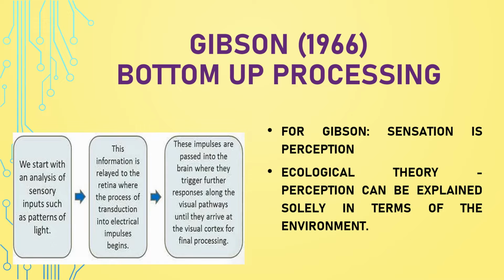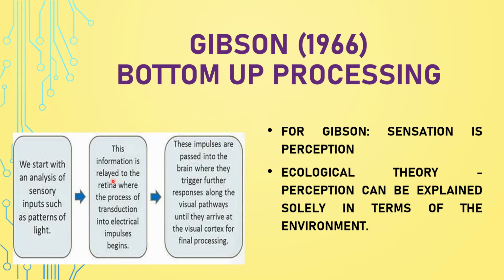Bottom-up processing is formulated by GIBSON. He said that perception is a bottom-up process, which means that the sensory information is analyzed in one direction. That is, from simple analysis of the raw sensory data to the complexity of analysis through the visual system. For example, we start with an analysis of sensory input, such as a pattern of light. What happens? This input or information is relayed to the retina, where the process of transduction into electrical impulses begins.